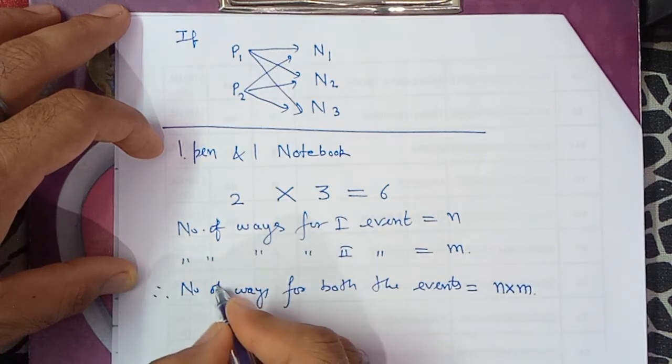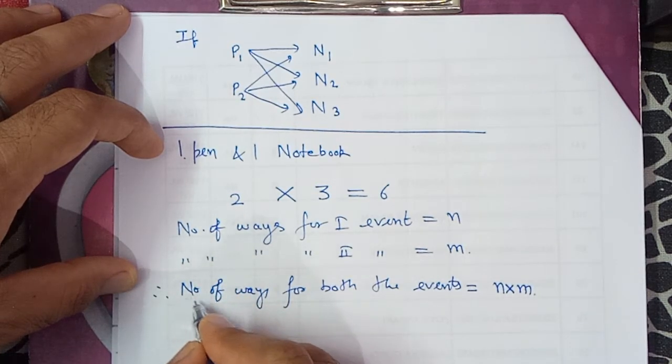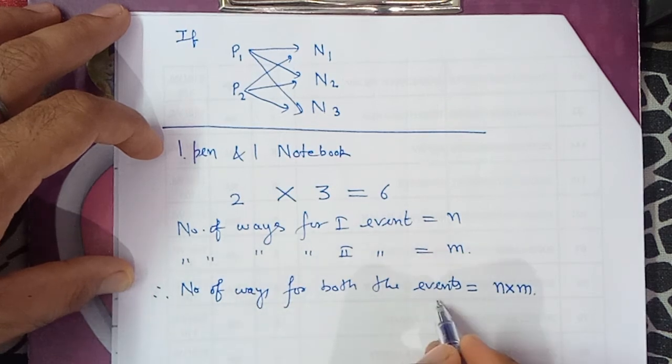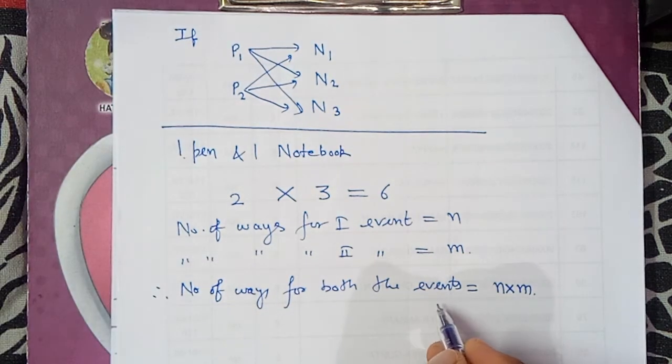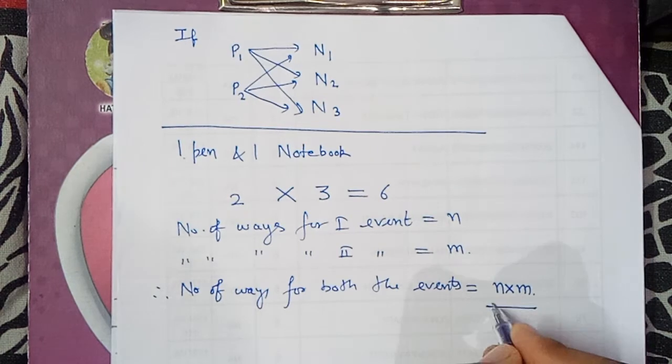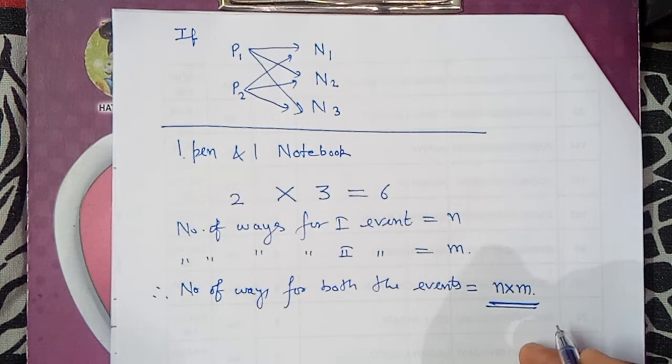It means if two events are taking place simultaneously or one after the other, then the total number of ways for both the events is m into n. This is known as the fundamental principle of counting, or the fundamental principle of multiplication.